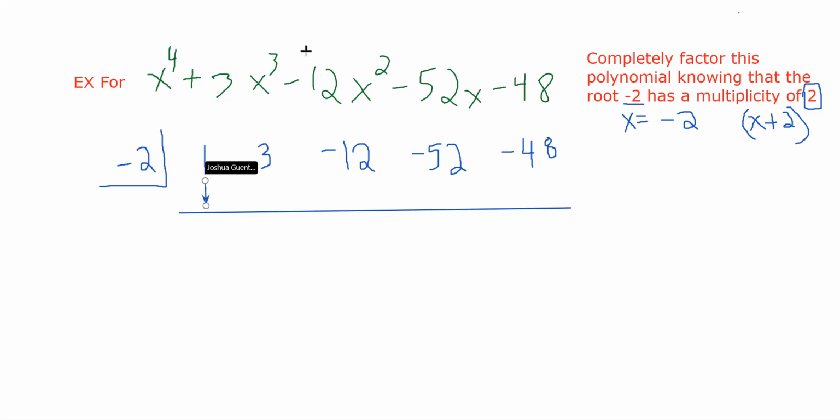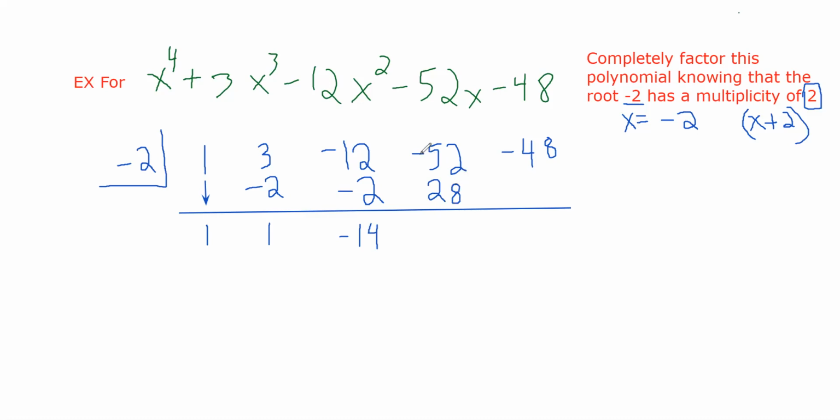We bring this 1 down. -2 times 1 is -2. 3 plus -2 is +1. -2 times +1 is -2 again. -12 plus -2 becomes -14. -2 times -14 is +28.